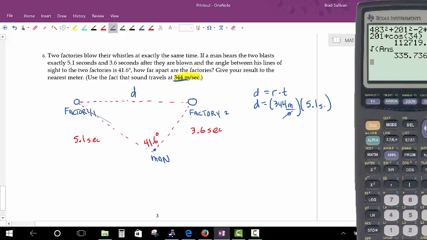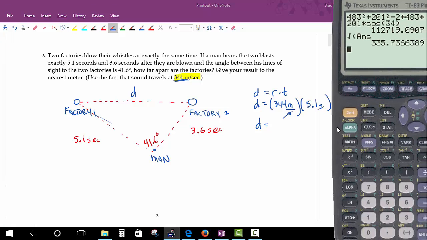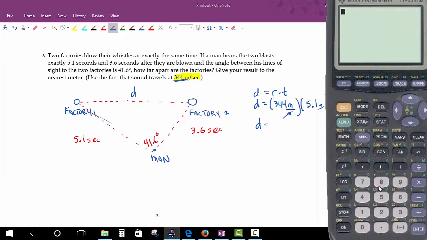The seconds cancel out, so we'd have a distance in meters. On the calculator, 344 times 5.1 gives that this distance is 1,754.4 meters.